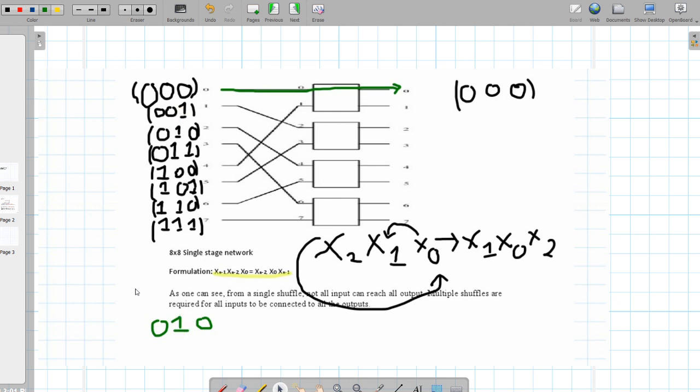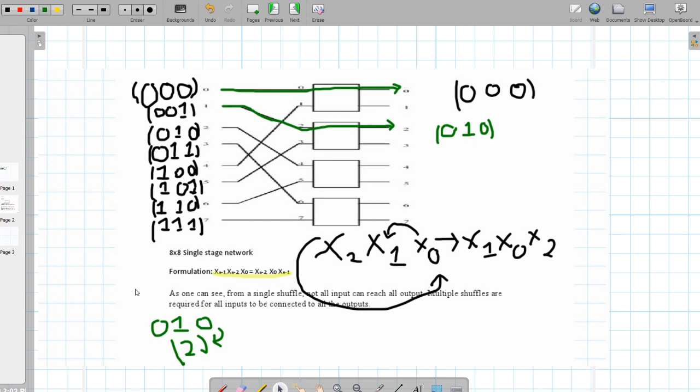Then this second bit, which has 0 here, again shifted one position towards its left. Then the leftmost bit, if you shift one position towards its left, it will come to the rightmost position. See that the processor whose address is 0, 1, 0 in binary format.